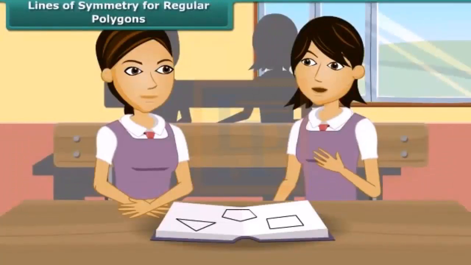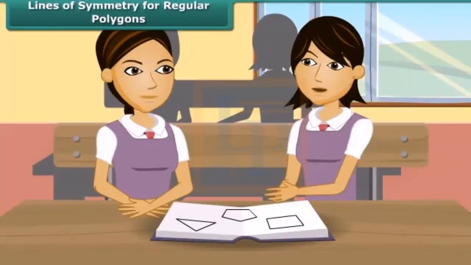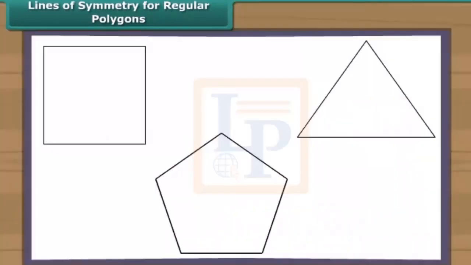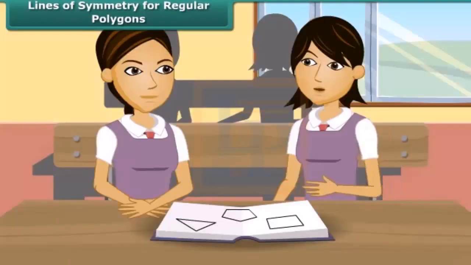Now I will tell you about lines of symmetry in regular polygons. Do you know what a regular polygon is? It is a closed figure made up of several line segments. And triangle is a polygon made up of at least 3 line segments. You are right.